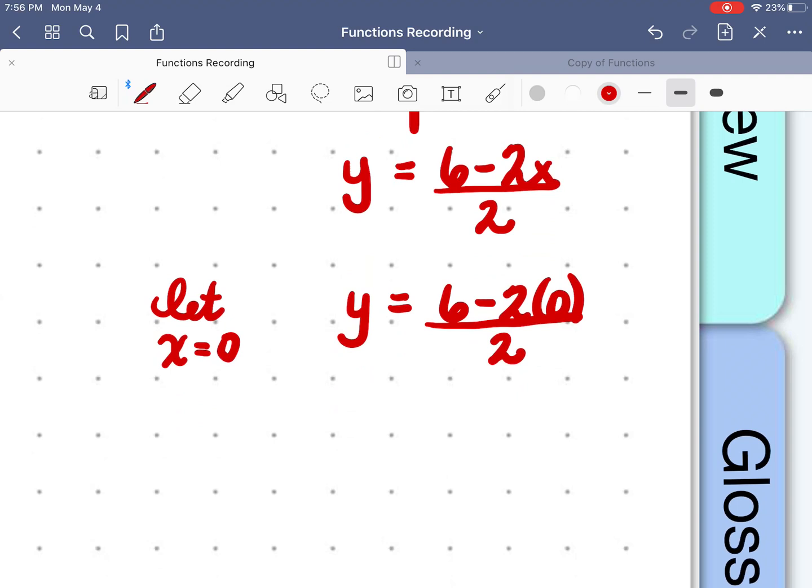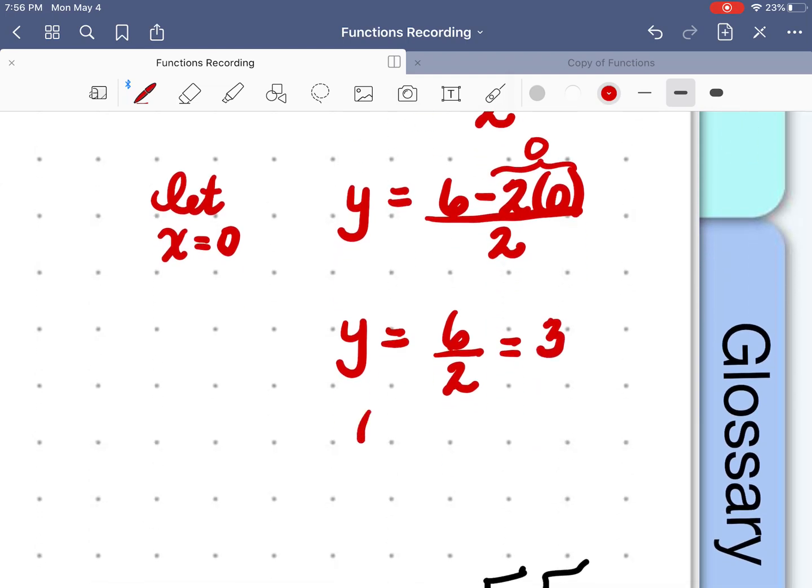So y equals 6 minus 0, that's 6, divided by 2. y is 3. So when x is 0, y is 3.